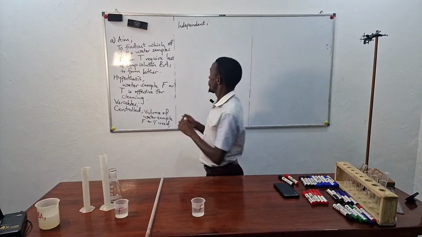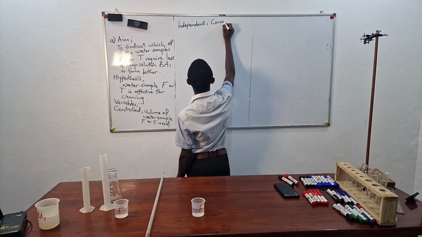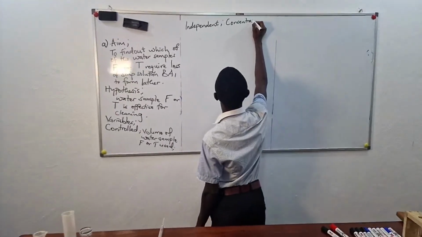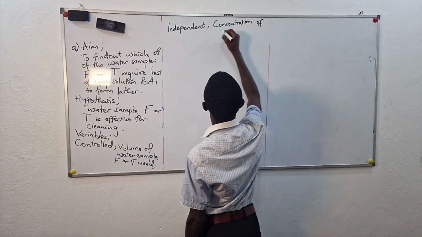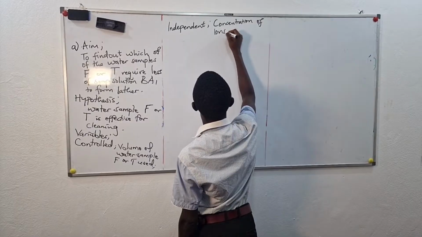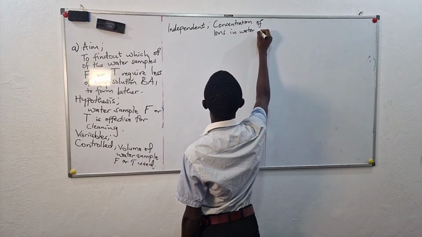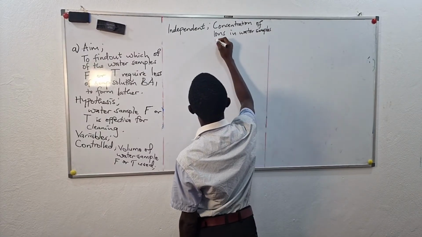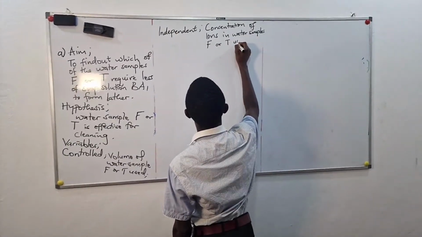So our independent variable will be the concentration of ions in water samples F or T used.